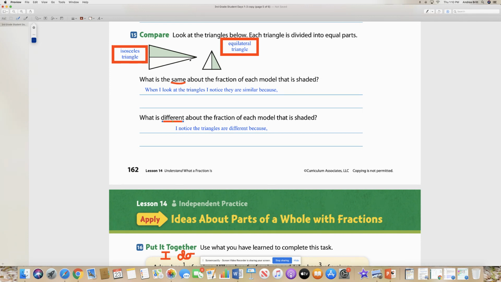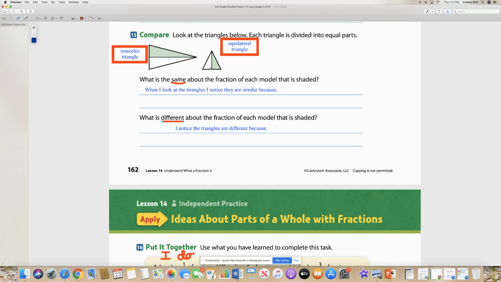It's when you have two long sides and then the base is short, or one short side. And then you have an equilateral triangle when all three outer parts, all three sides here are the same length. So that's isosceles and equilateral triangle.